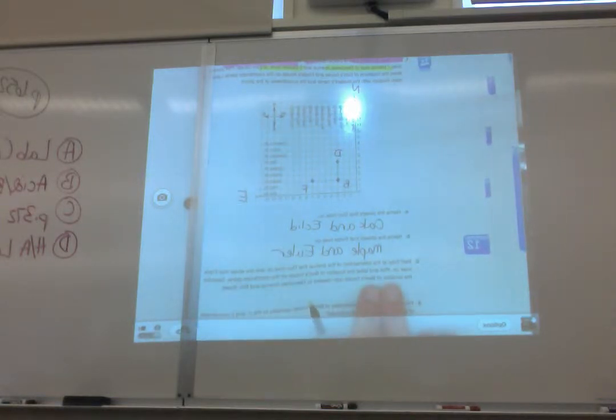Describe the location of Bert's house with respect to Descartes Avenue and Elm Street. So how far to the east are we? How far to the east? 3 blocks east of Descartes.